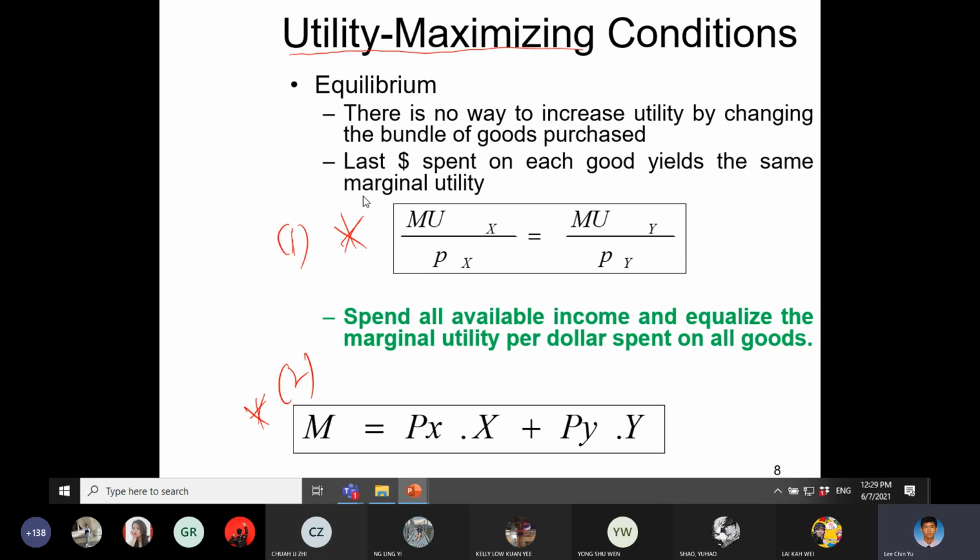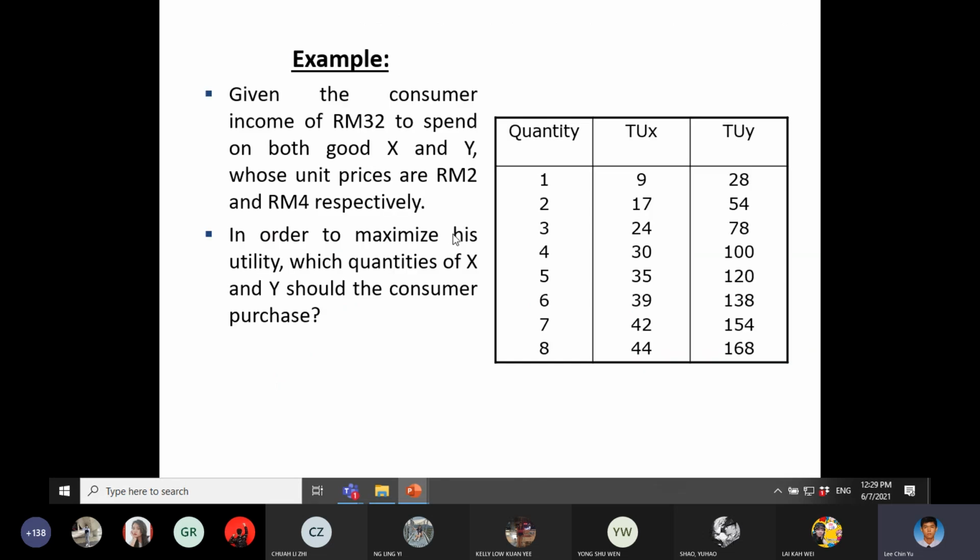So in order to maximize utility, we need to fulfill the first and the second condition. No problem, especially when we are consuming more than one good. So this is the example. You can see over here we have good X and Y, meaning more than one good, so we need to do it this way.